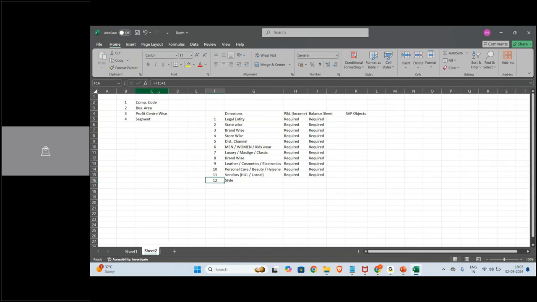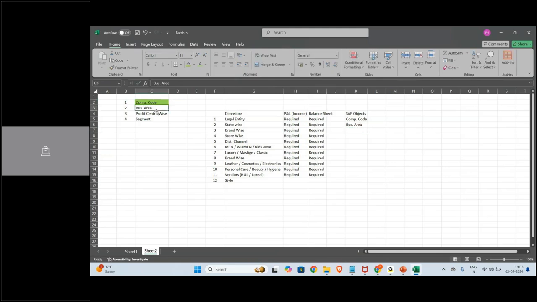Now if company code is mapped to legal entity, one object is gone, all right? And let's say state is business area.